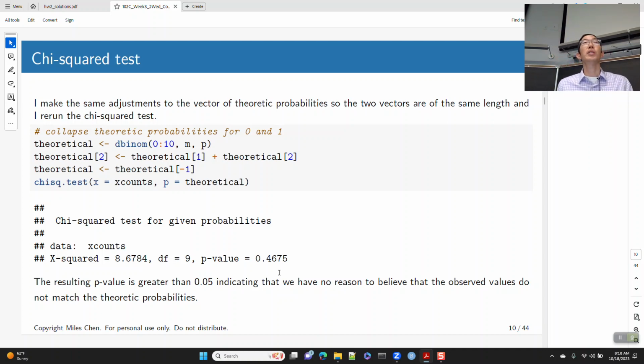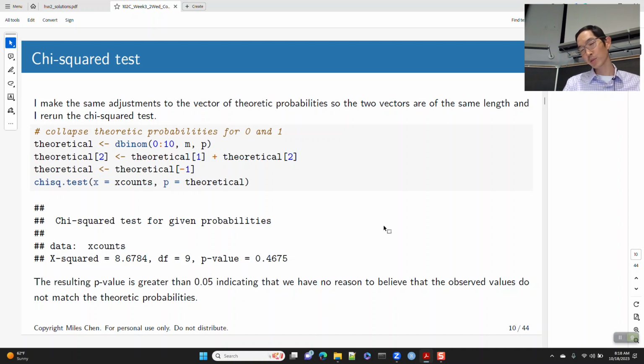And so, although this does not prove that our data comes from the binomial distribution, we can say that after generating 10,000 values using our piece of code, we have no reason to believe that the data is coming from a distribution that is not the binomial distribution.